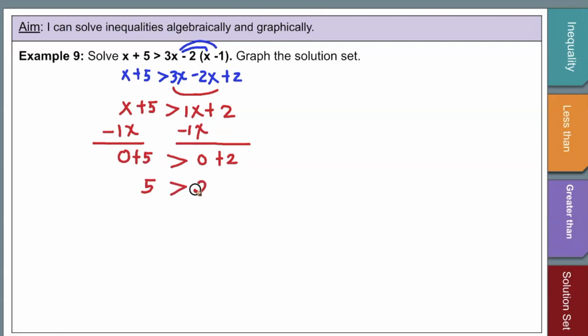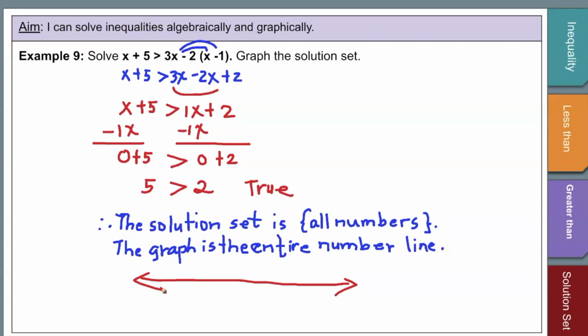What does this mean? 5 greater than 2 is a true inequality. This is true. Therefore, the solution set of 5 greater than 2 is all numbers. The graph is the entire number line.